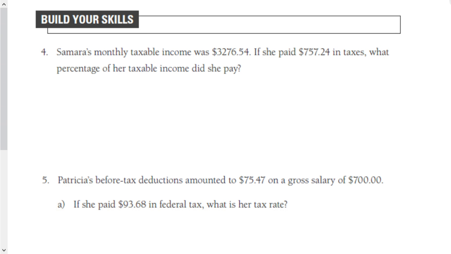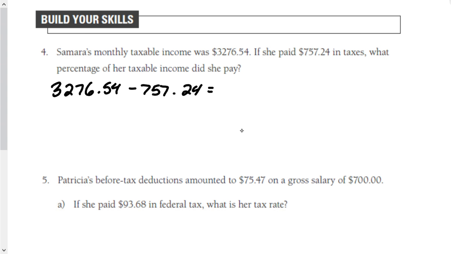Samara's monthly taxable income was $3,27.64. She paid $757.24 in taxes. What percent of her taxable income did she pay? So it's the same setup as before.